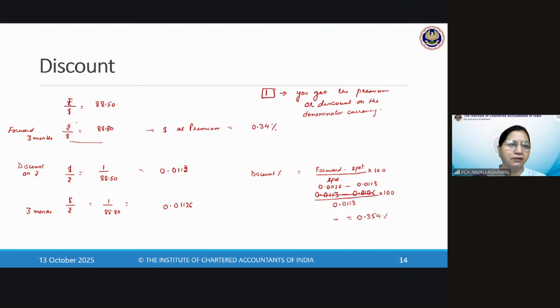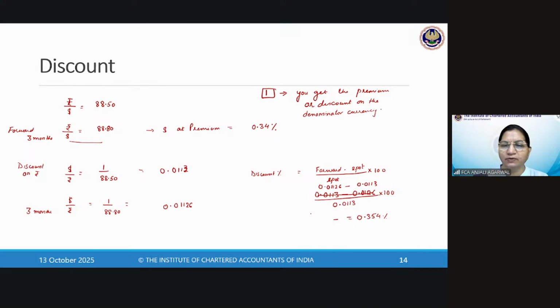So here, $1. We were getting the premium on dollars from 88.50 to 88.80. Similarly, when we calculated the inverse quote, dollar by rupee, we are getting the discount on the rupee.